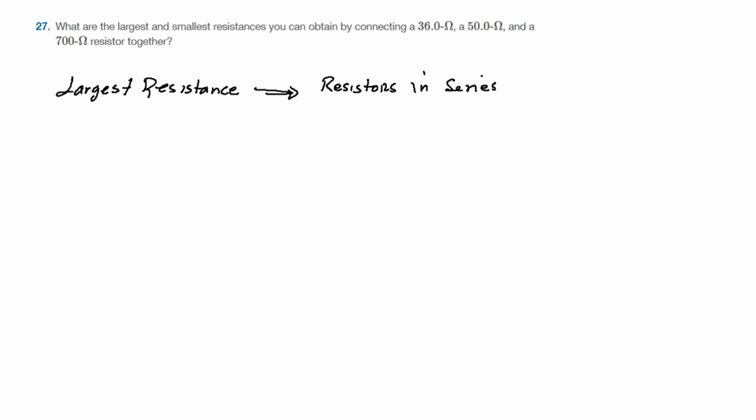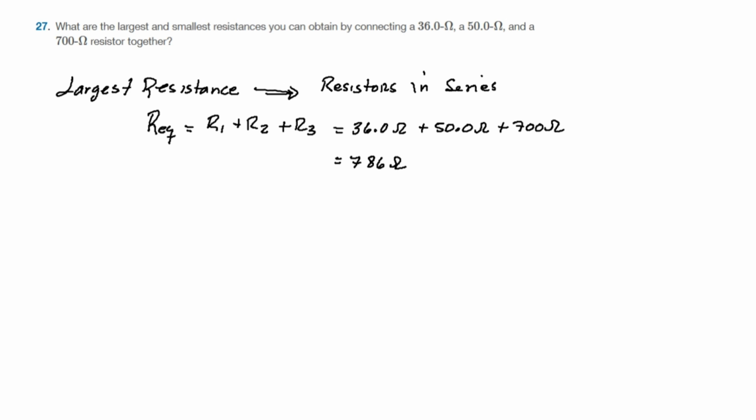So that means that my largest resistance is R1 plus R2 plus R3, which is 36.0 ohms plus 50.0 ohms plus 700 ohms, which is going to be 786 ohms. And this is the largest resistance.